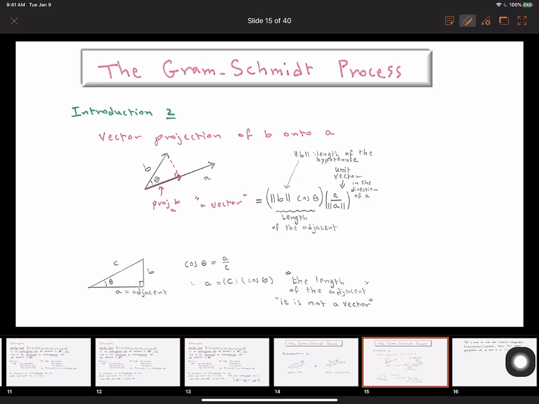But because we want it to be a vector, we multiply it by the unit vector of the vector A. Now we have the projection of B onto A, which is magnitude of B cosine theta times A over magnitude of A.